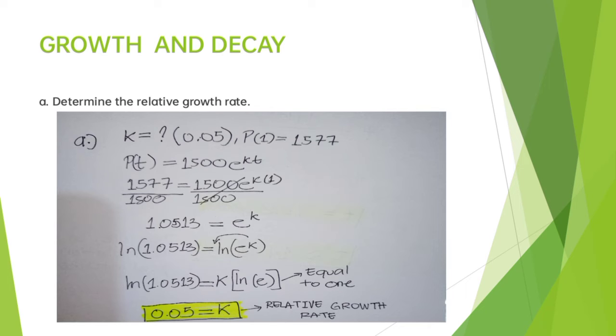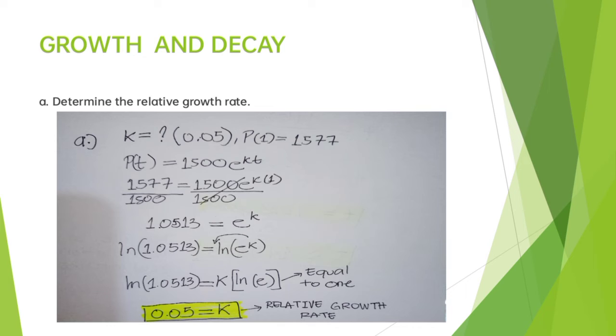Next, we need to use the data in the problem to get K. So, P(t) equals 1,500 e raised to K times time.